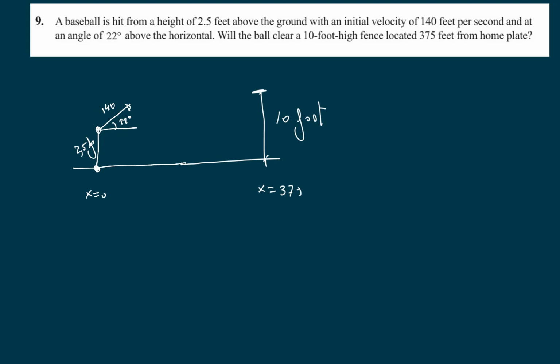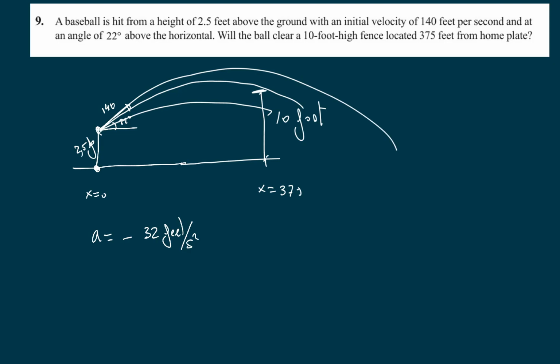So the ball will do a parabolic motion because it's in the presence of a gravitational acceleration, and because everything is in feet, I will use minus 32 feet per second squared. We don't know if the ball will do like this, or maybe like this, or maybe like this and will overpass the wall.